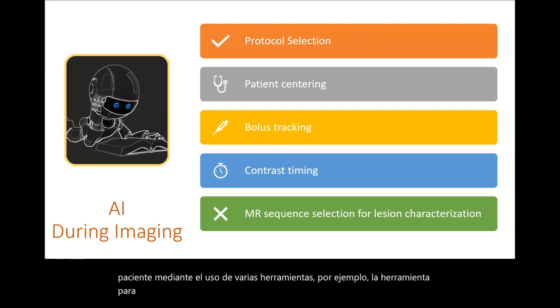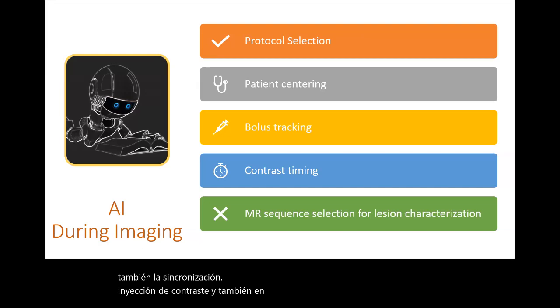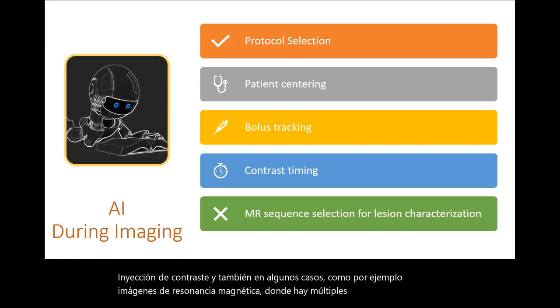We can also optimize contrast delivery and image acquisition by bolus tracking and also timing the contrast injection. And also in some instances, like for example MRI, where there are multiple sequences available, we can optimize the MR sequences for better lesion characterization.